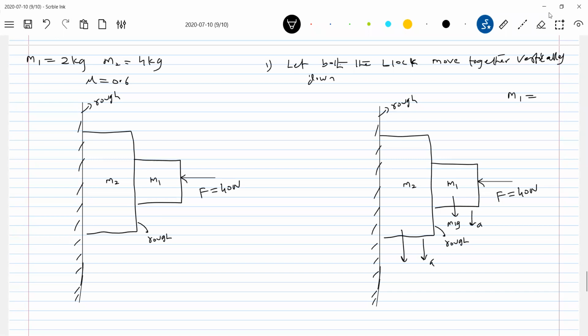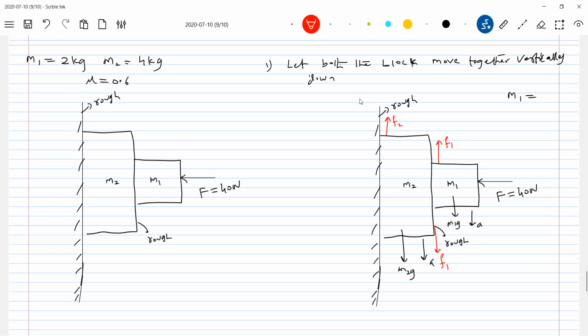Then M2g. And then what about the frictional forces? How do we have to show that? There should be the friction on the block M1, this one, and the friction here on the wedge, also on the block M2.